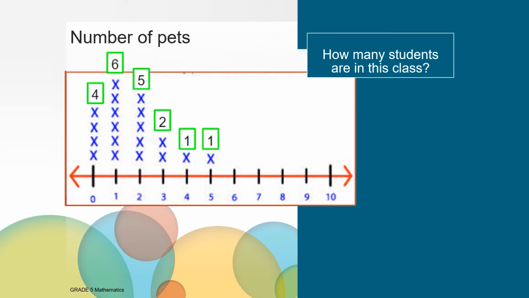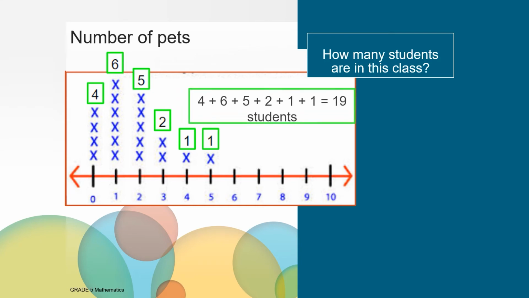Well, we could add all of the X's, and the total would give us the total number of students in this class. In this case, the total is 19. So there are 19 students in this class.